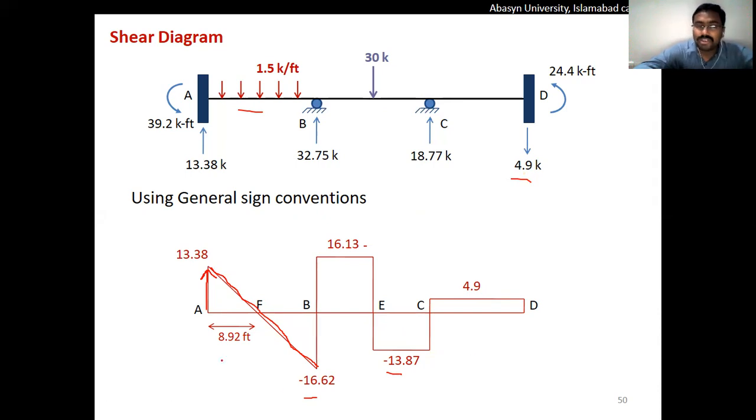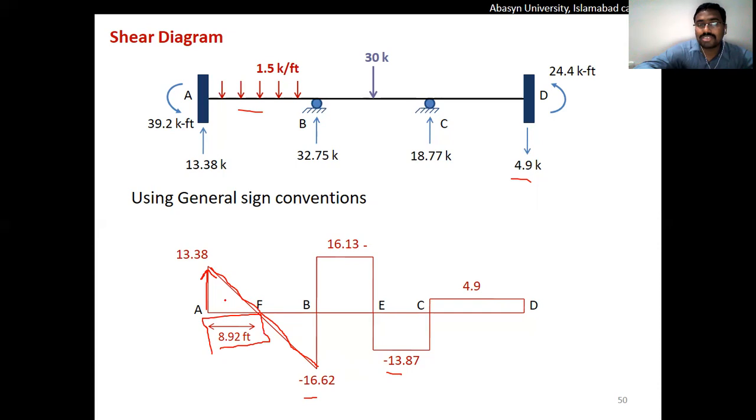The important point is that whenever we have a UDL, we have to calculate the point of contraflexure. In order to calculate the point of contraflexure, you need to know the distance, or the point, at which the value of the shear force diagram becomes zero. To calculate that distance, you generally use the principle of similar triangles.